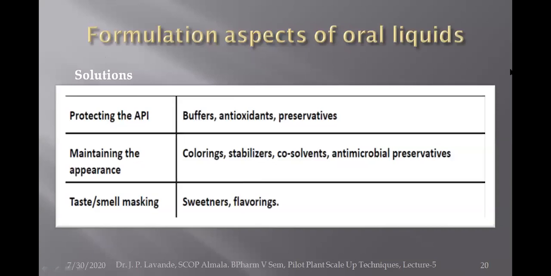Now, when we are going for the process of formulation, certain aspects should be considered. If it is a solution, the protection of the API is needed, because a solution may not always contain many excipients or additives.